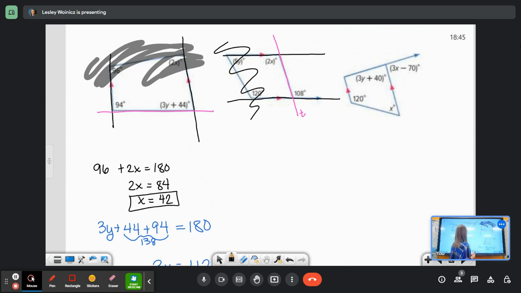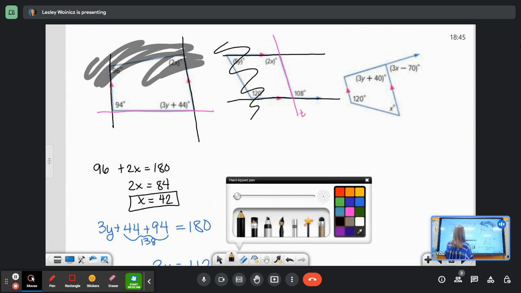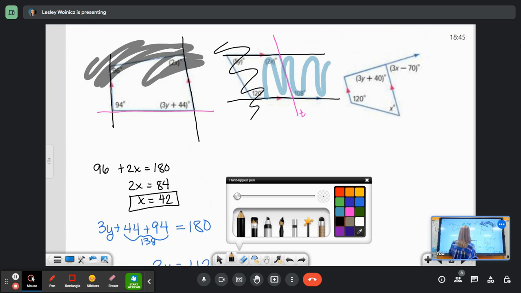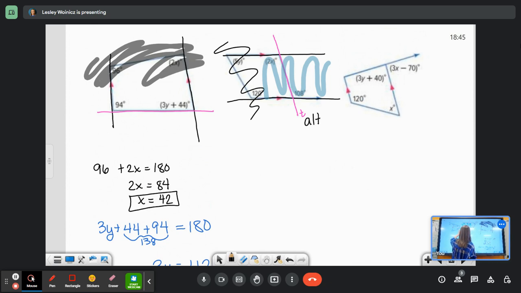So the 2x and the 108 are on alternate sides of my hot pink transversal, and they are in the interior of the parallel lines. So they are alternate interiors. They are congruent, so their measures have to be equal. So I know that 2x has to equal 108. If I divide both sides by 2, I get that x is 54.